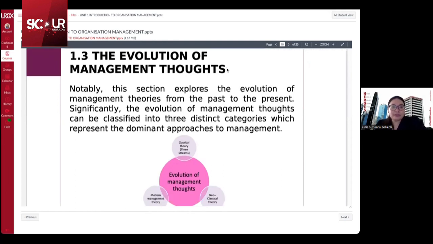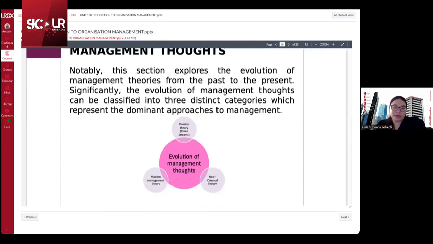So the evolution of management thoughts. Here we have three evolutions of management thought. It started with the classical theory, and then we have neoclassical theory, and then we have modern management theory. I'm not going to elaborate in much detail about this.